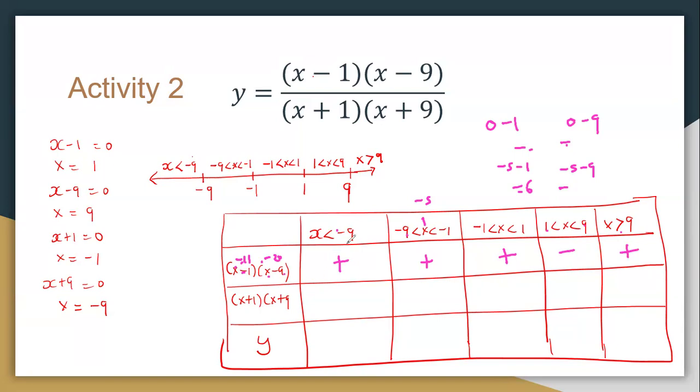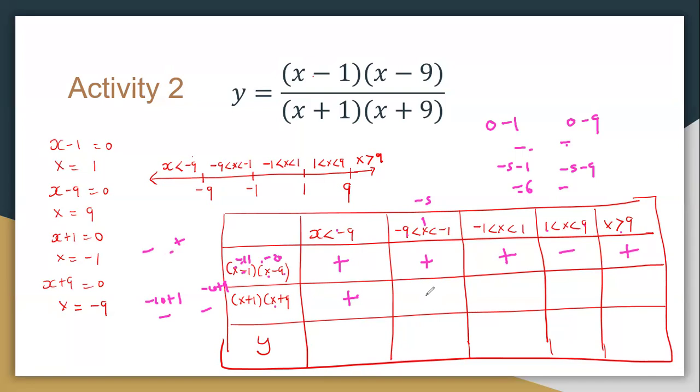Then come here. Any value less than negative 9, say negative 10. Negative 10 plus 1 is negative. Negative 10 plus 9, you get also a negative. Negative times negative, you get a positive. What about between negative 9 and negative 1? Use any value, negative 5. Negative 5 plus 1, you get a negative. Negative 5 plus 9, you end up with a positive.